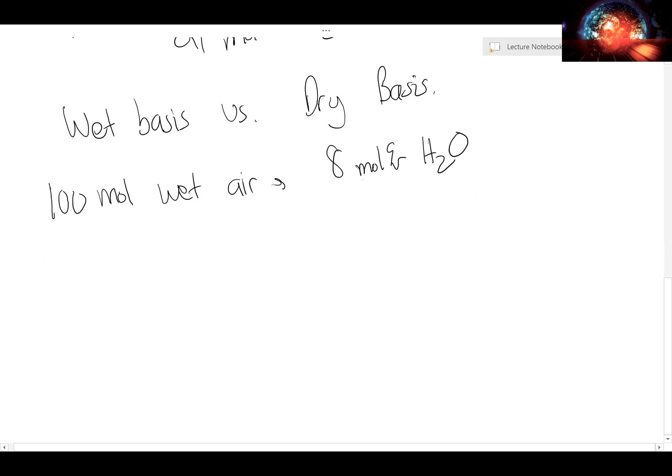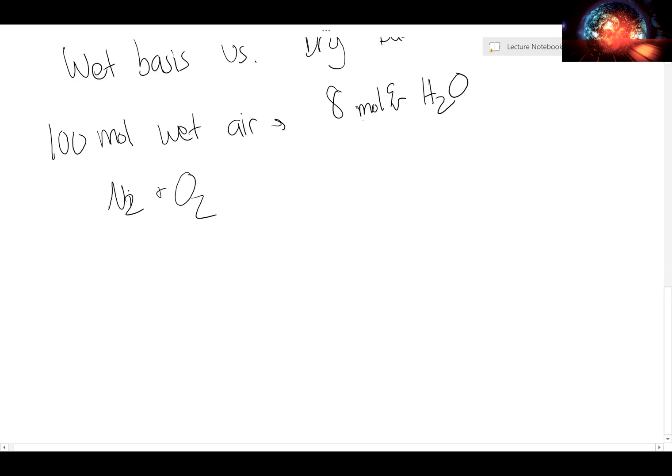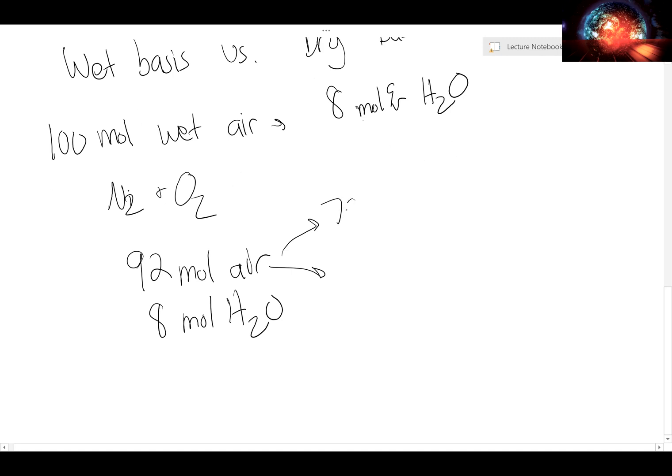And I want to know what's the actual composition of nitrogen and oxygen. Well, basically that means I have 92 moles air, 8 moles water. So if you do the basis on the dry basis, you'll still see that 79% nitrogen, 21 mole percent oxygen.